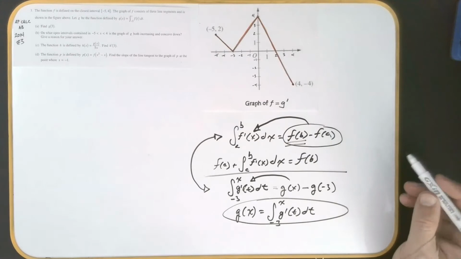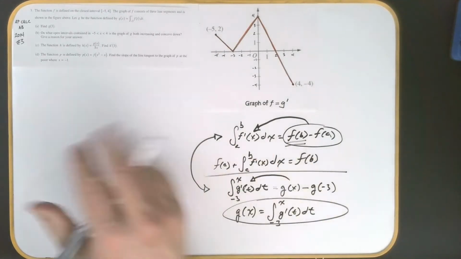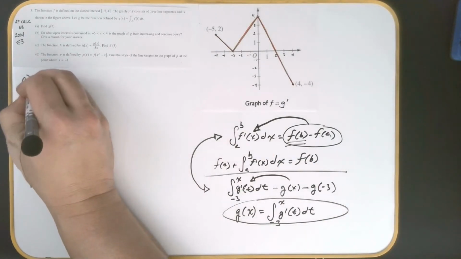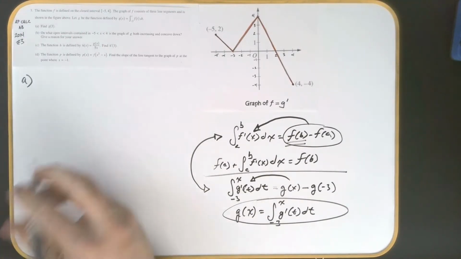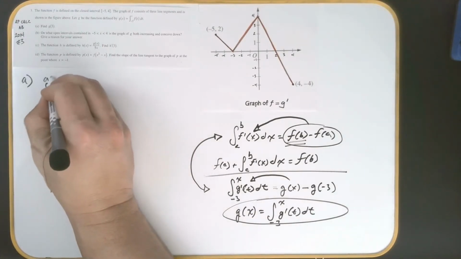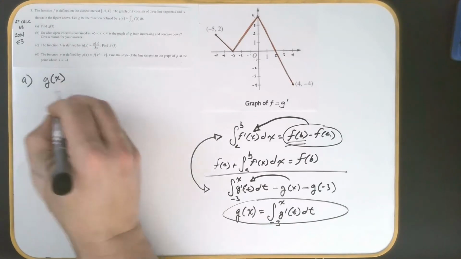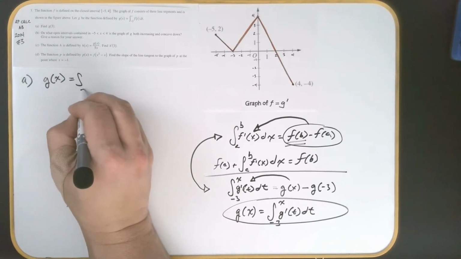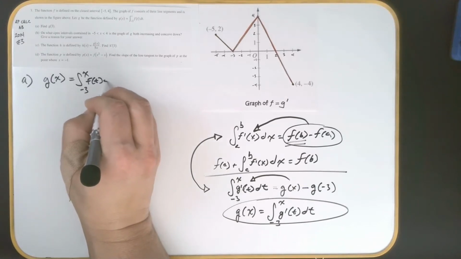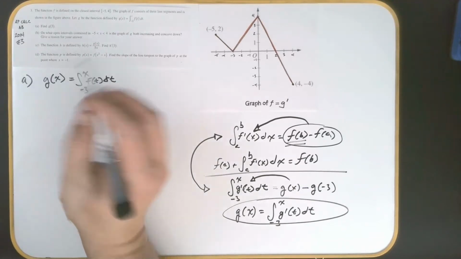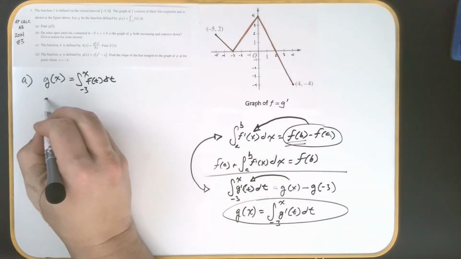So I want to go to part A, because that'll tie in real nicely here. Part A says to just find g of 3. And it's actually a really easy question. So if g of x is equal to the integral from -3 to x of f of t dt, they just want you to find g of 3.